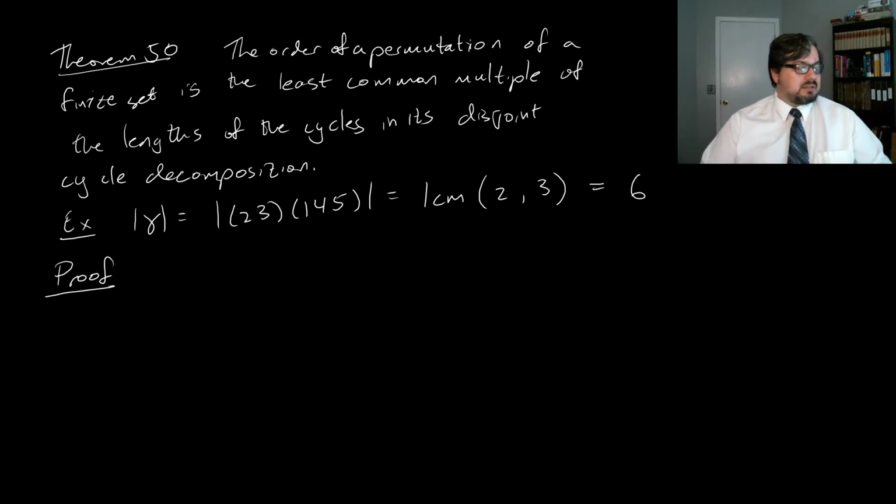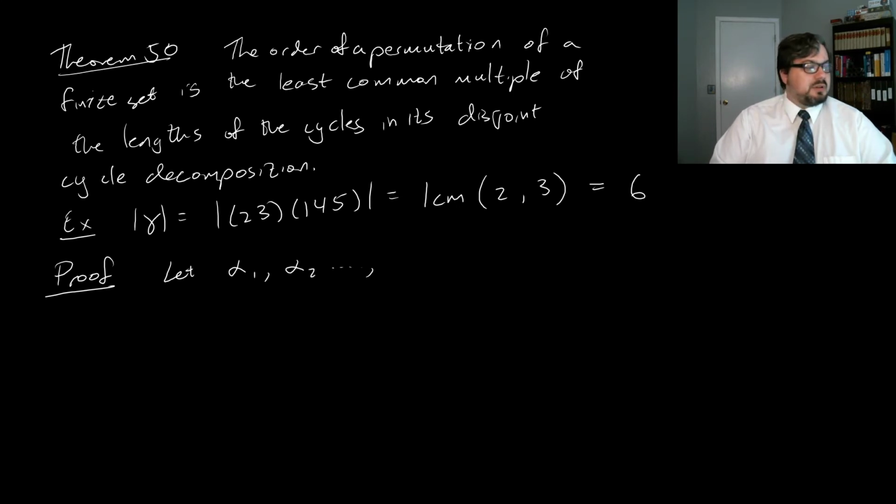All right, let's see a proof here. Now, one very important step of this proof will be one of your homework exercises, but I'll point that out. All right, so let alpha 1, alpha 2, up through alpha n be disjoint cycles.